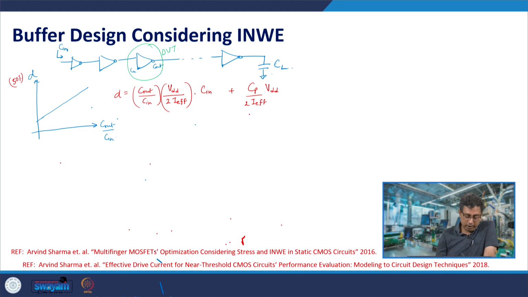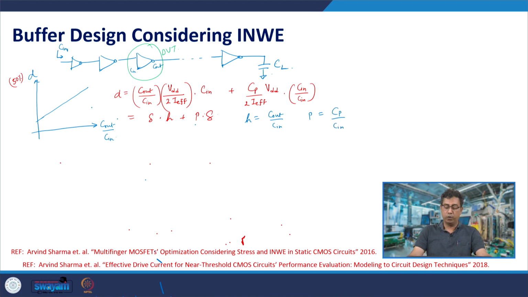Now, we know that the parasitic capacitance and the effective current are both proportional to width. Therefore, this would turn out to be a value delta into H plus a parasitic delay. If we also write C in, then Cp by C in is, suppose, P, where we can now see that H is C out by C in for the inverter design under test and P is Cp by C in.